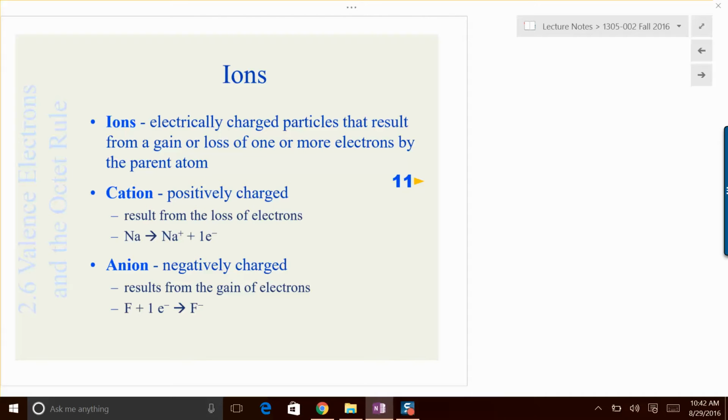So fluorine accepts it and becomes negatively charged. Sodium becomes positively charged. Now I have 2 ions. Ions are electrically charged particles.